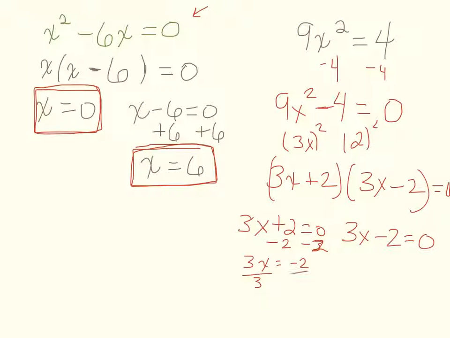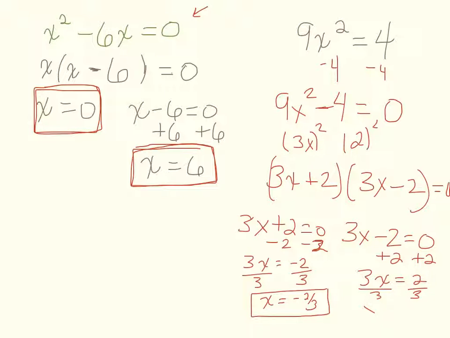And if I divide by 3, I'm going to have x is equal to negative 2/3. So that's one answer. If I add 2 to both sides, then I'm going to have 3x is equal to 2. And if I divide by 3, I'm going to have x is equal to 2/3.